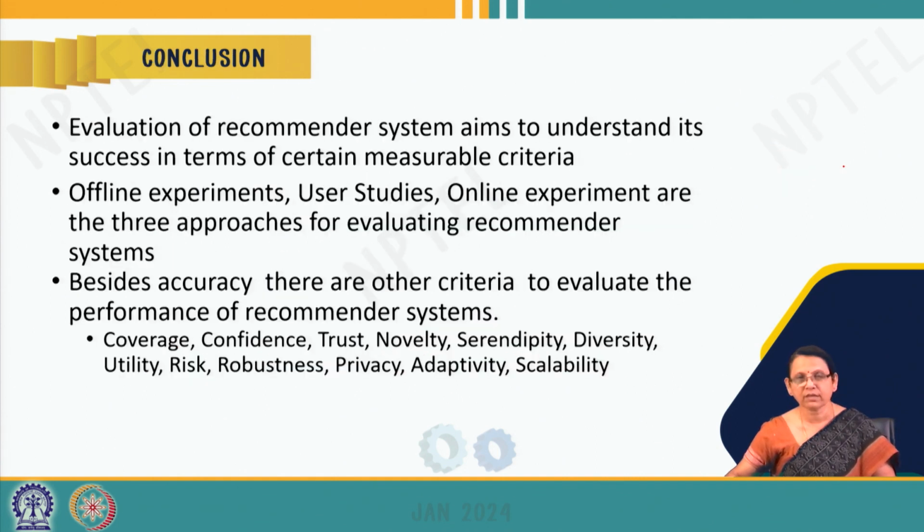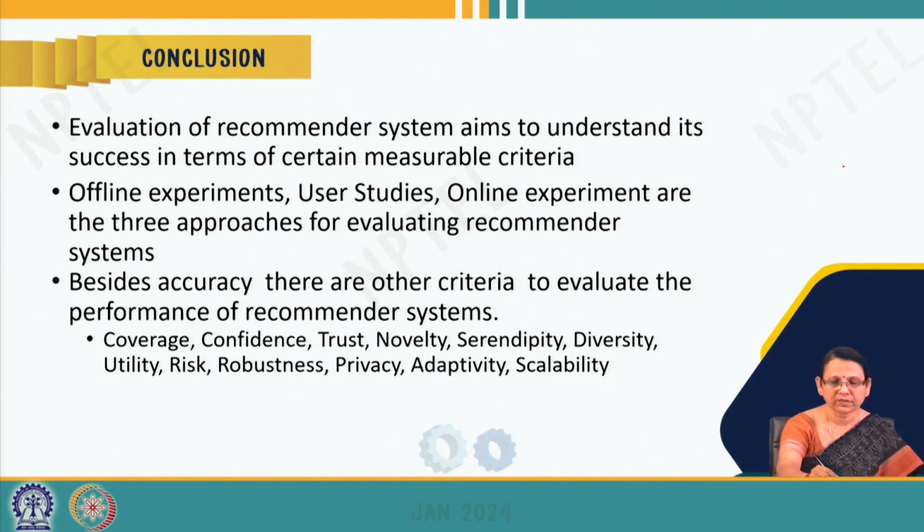So, these are my concluding remarks. The evaluation of a recommender system aims to understand its success in terms of certain measurable criteria. Offline experiments, user studies and online experiments are three approaches for evaluating recommender systems, and most of the literature on performance evaluation is on offline experiments.